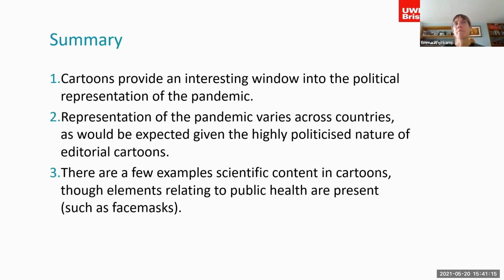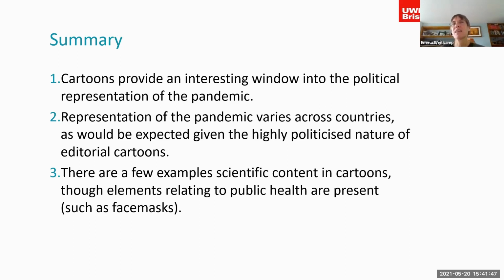But I think the different ways in which the pandemic has affected those countries is also at play here. So we have a bit more work to do to really unpick that. The other thing that we were perhaps a bit surprised about was the relatively little evidence we had of cartoons with scientific or health content in them. They have elements related to public health, in the sense that there might be a virus or a face mask.